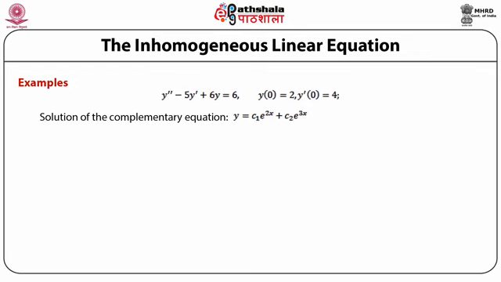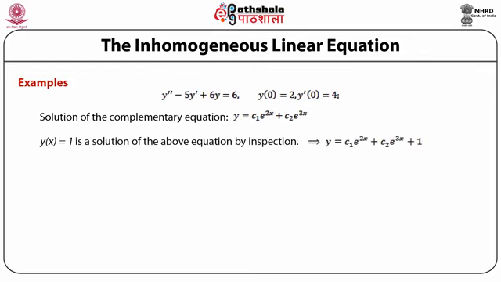By inspection, we see that y of x is equal to 1 is a solution of the above equation. Hence, the general solution is y is equal to c1 times e raised to power 2x plus c2 times e raised to power 3x plus 1. The solution to the initial value problem is y is equal to minus of e raised to power 2x plus 2 times e raised to power 3x plus 1.